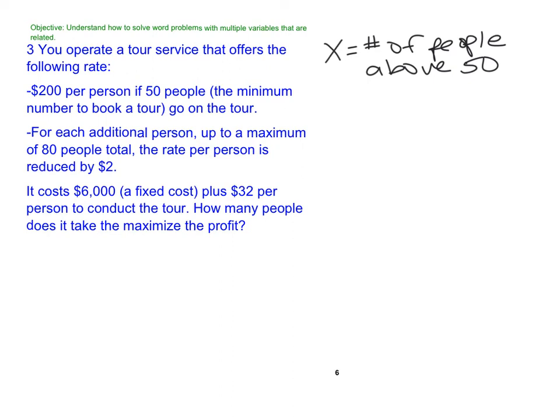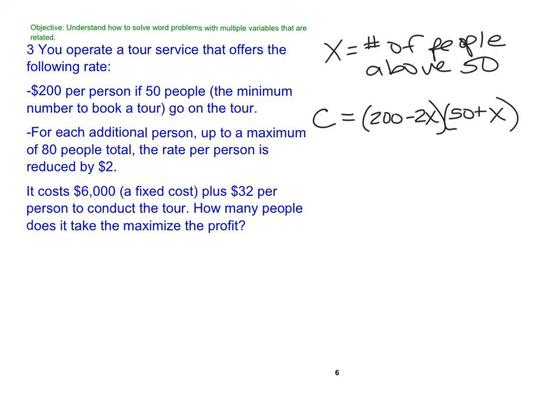So the profit is going to be, think about what we're making. We're making $200, but we're going to subtract $2 per person above the 50, and then times the original 50 plus x.